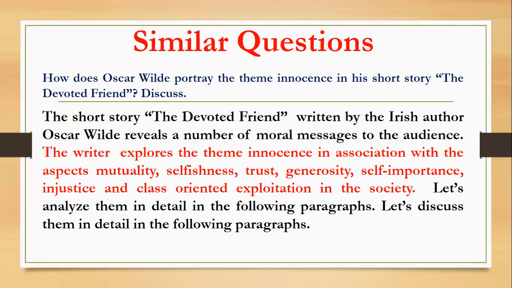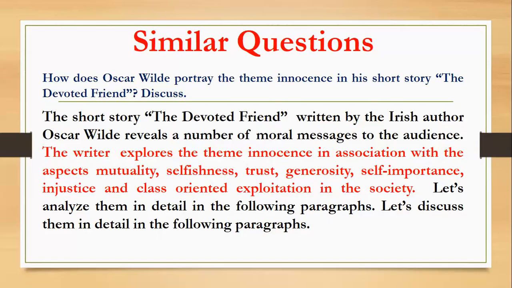The writer explores the theme innocence in association with the aspects mutuality, selfishness, trust, generosity, self-importance, injustice, and class-oriented exploitation in the society. See, you should identify the themes in each text. Then, if you know the themes, you can easily develop your answer.